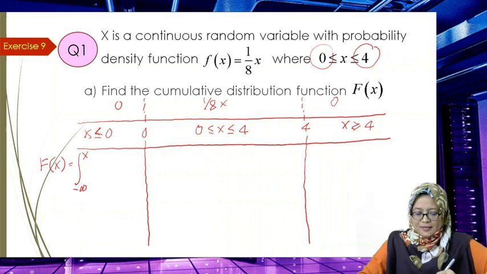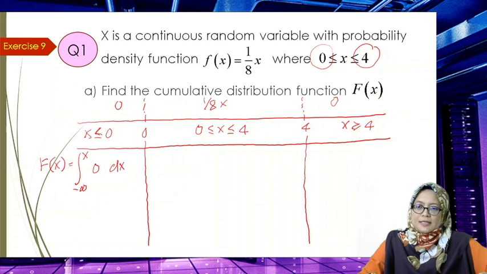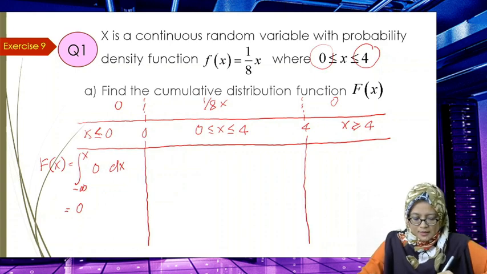Okay, so ini function dia. Tadi untuk first interval, function dia 0. So kita akan integrate 0 dx, so dapat 0. Okay, so that means that kita punya F(x) ni 0. Okay, so itu untuk F(x).